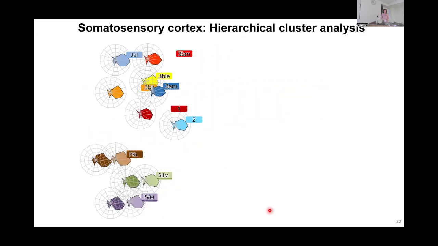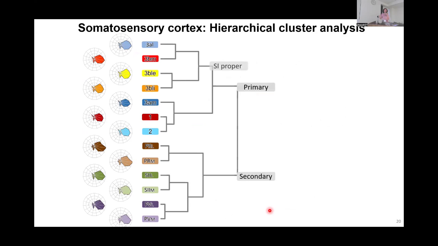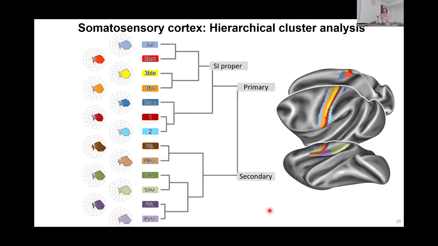And Mechi performed a hierarchical cluster analysis which groups areas based on the degree of similarity of their receptor fingerprints, okay?